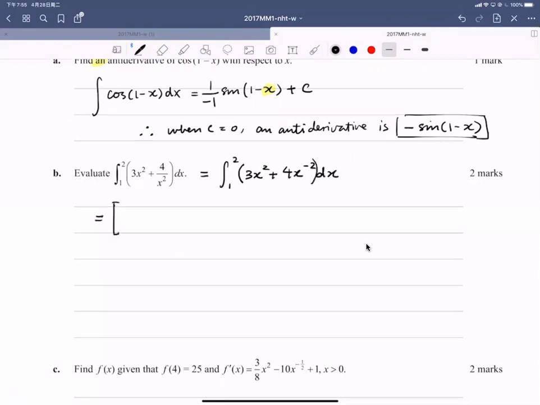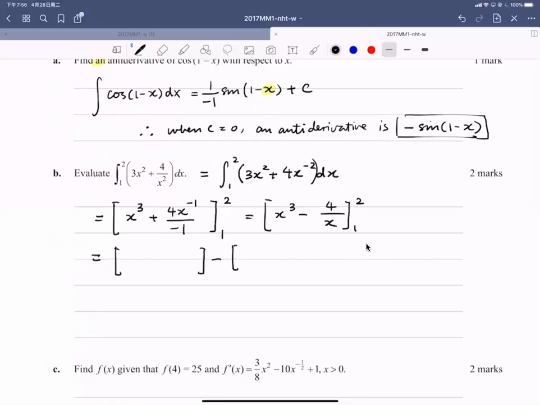And your antiderivative, denoted by a square bracket, to be evaluated from 1 to 2. 3x squared gives you x to the power of 3, plus 4x to the power of minus 1, because you are raising the power and dividing by minus 1. So this will be x to the power of 3 minus 4 on x, from 1 to 2.